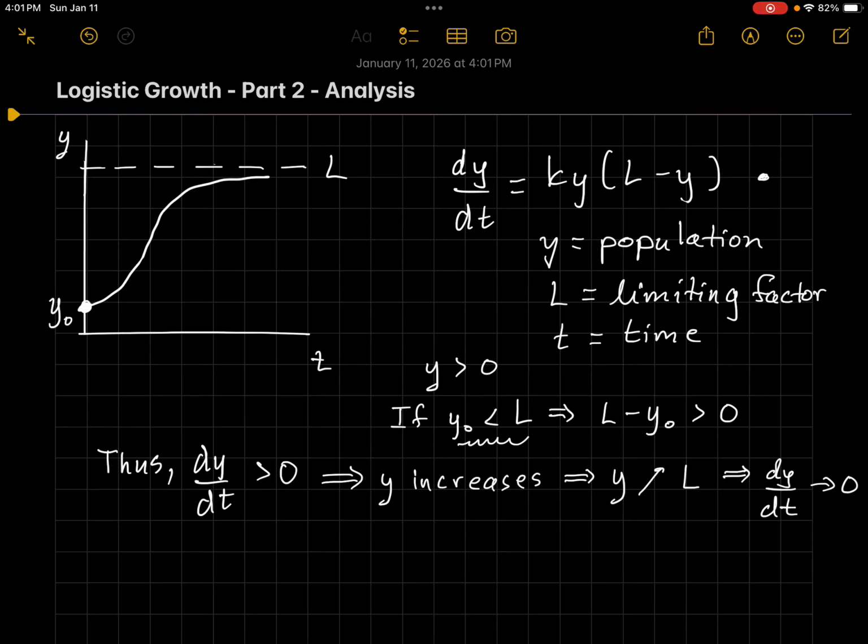So let's restate this. As t goes to infinity, a couple things happen. The population increases to L, and then our slope goes to 0. So as time increases, our population increases, and our slope goes to 0.